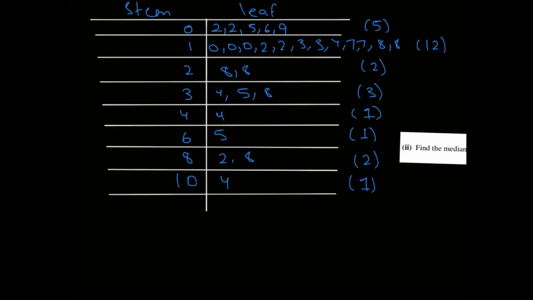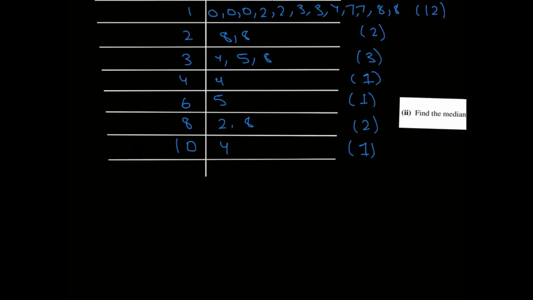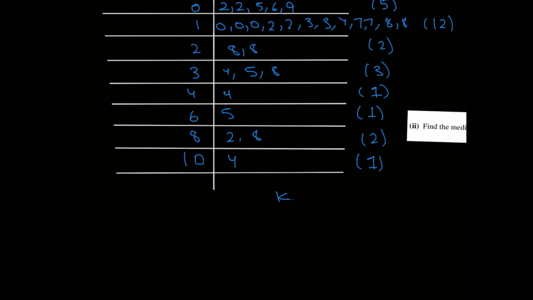So this is our stem and leaf diagram, but we have to make a key over here, and our key will tell the reader how to read this specific stem and leaf diagram. If I write 2/8, that will mean 28 for this particular diagram. You can write 4/4 means 44, 8/2 means 82, 8/8 means 88.